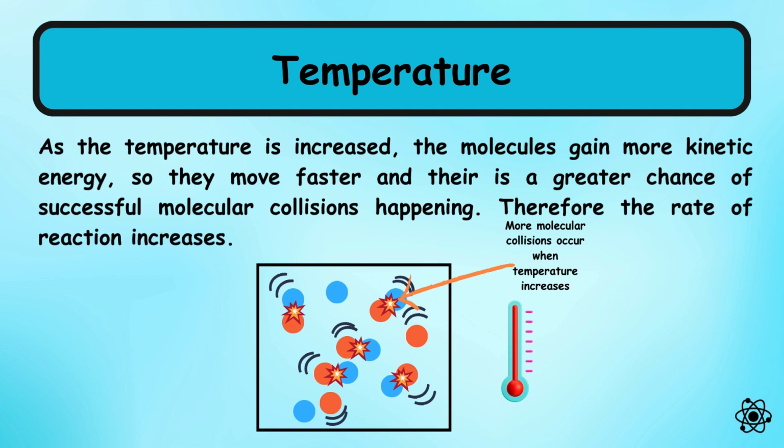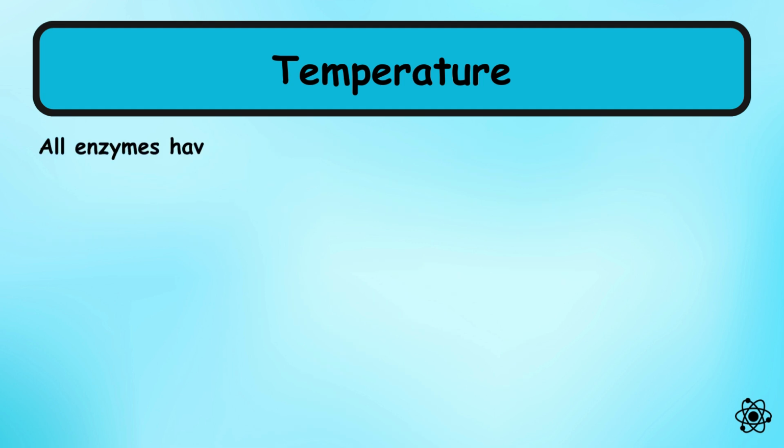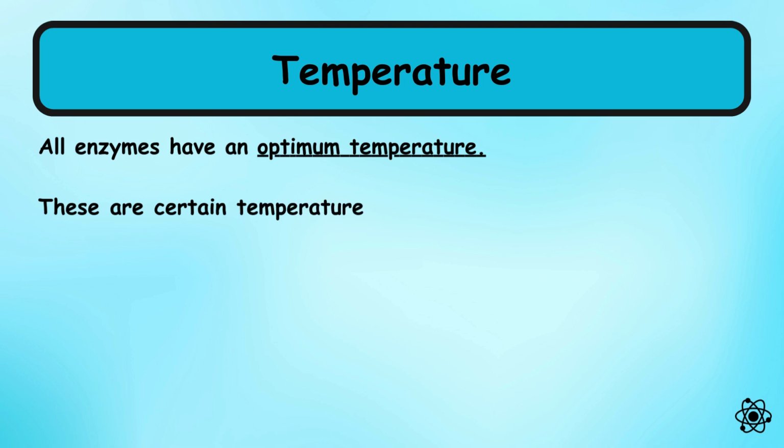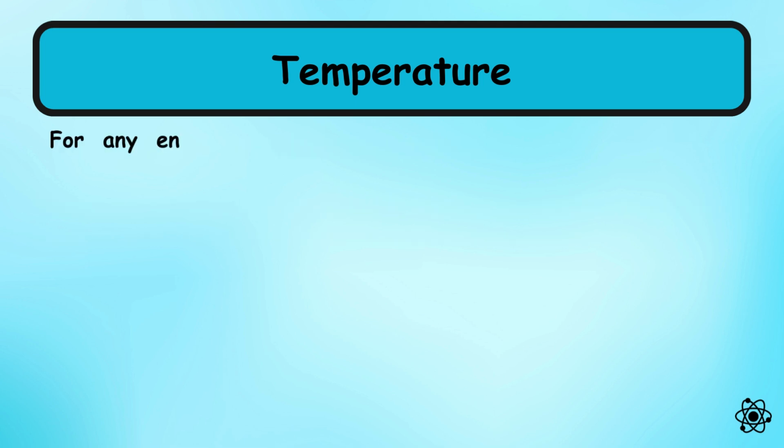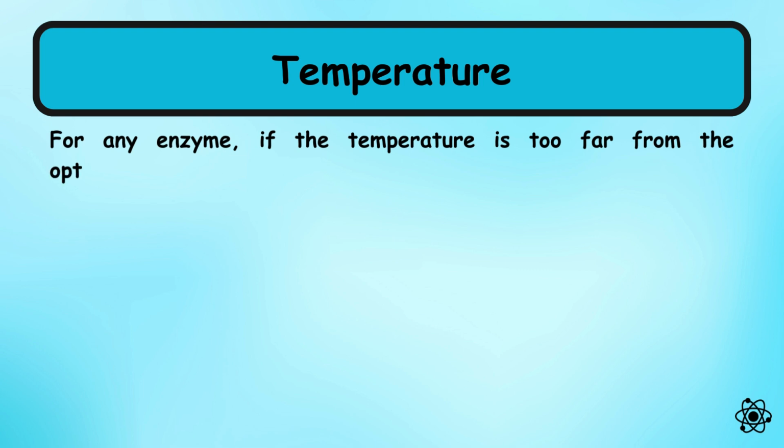All enzymes have an optimum temperature. These are the certain temperatures in which a particular enzyme works best, and it can vary between different enzymes. So different enzymes may work best in different temperatures. For any enzyme, if the temperature gets too high, it will get denatured.